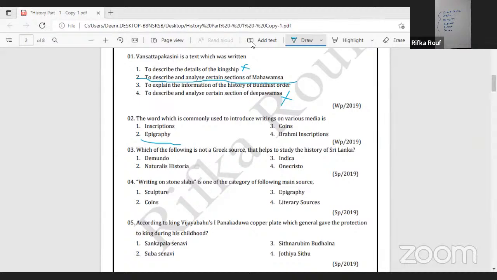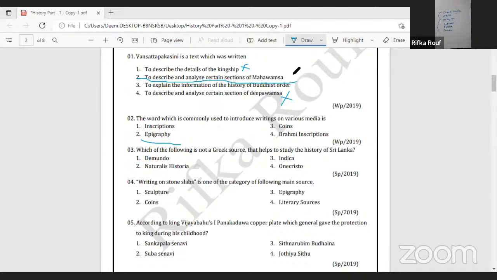Okay. Next, then tell me, the records of Anachristo. So it's a record of Anachristo. So here, my dear, Demundo is a Greek source. Istika is a Greek source. Anachristo is also a Greek source. So which is not a Greek source?